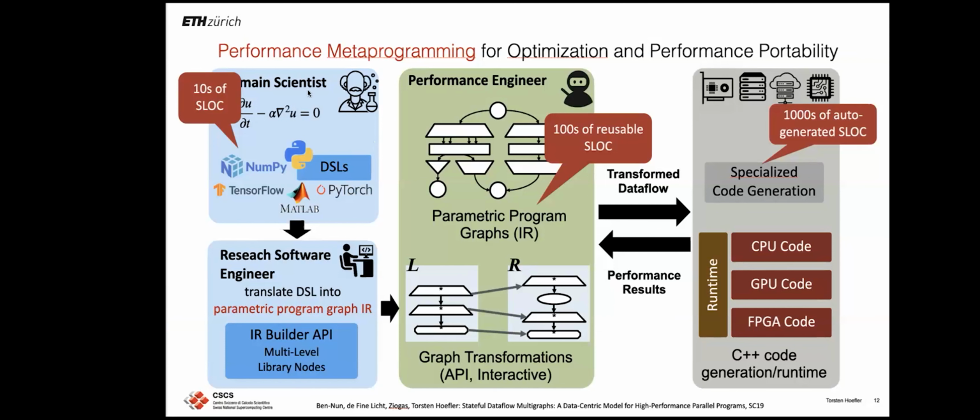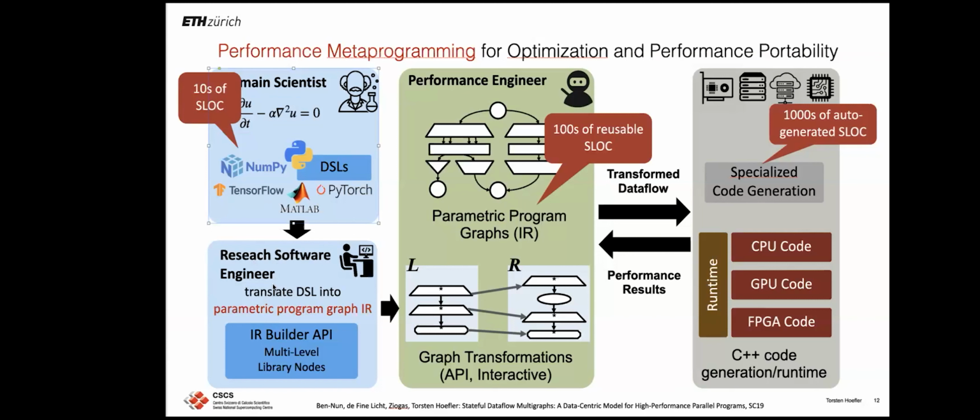So the way you have to read this is here on the top left, the domain scientist is approaching the problem by implementing a model using a domain-specific language, or depending on the problem, MATLAB or TensorFlow or NumPy.